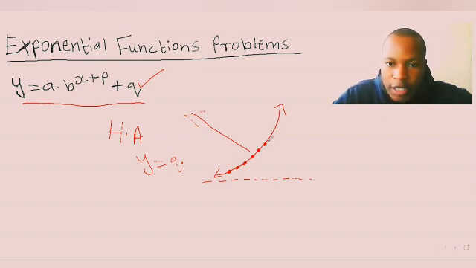So if you have a certain point, you can find any of the unknowns. Let's say the unknown was a and you needed to find a. It means that you can use any of the points on the graph to find what a would be.